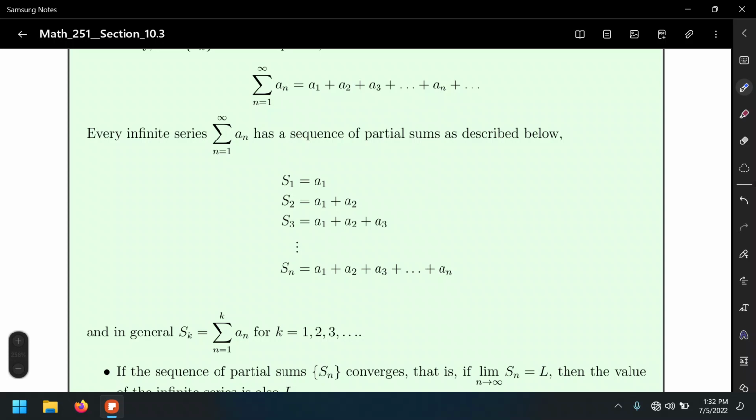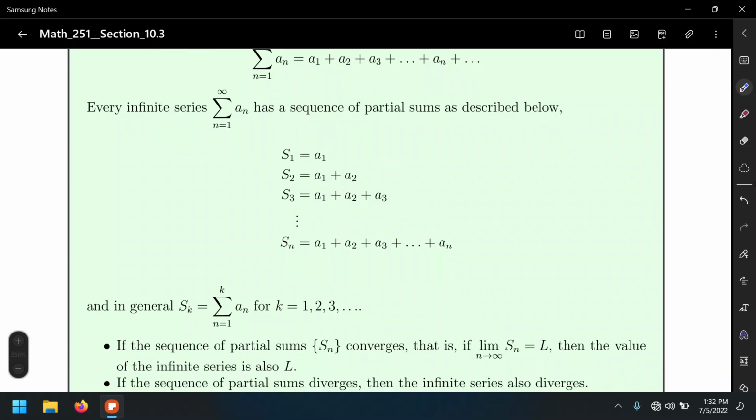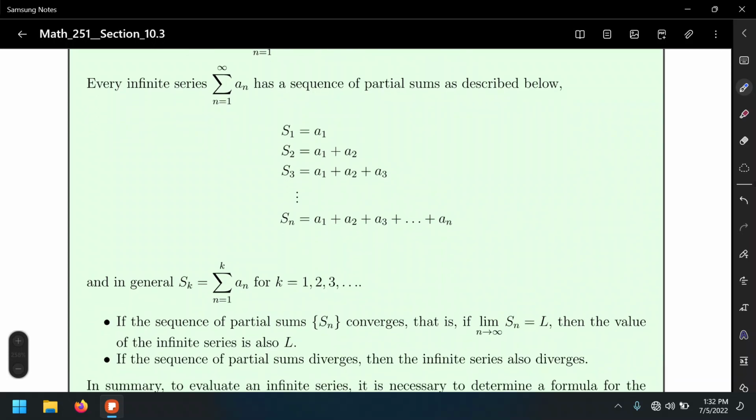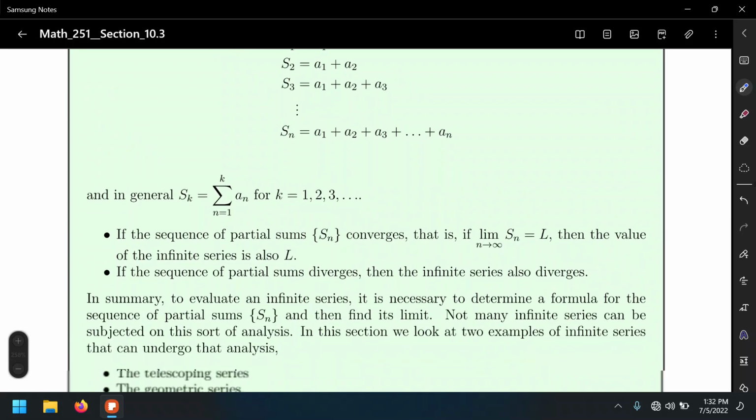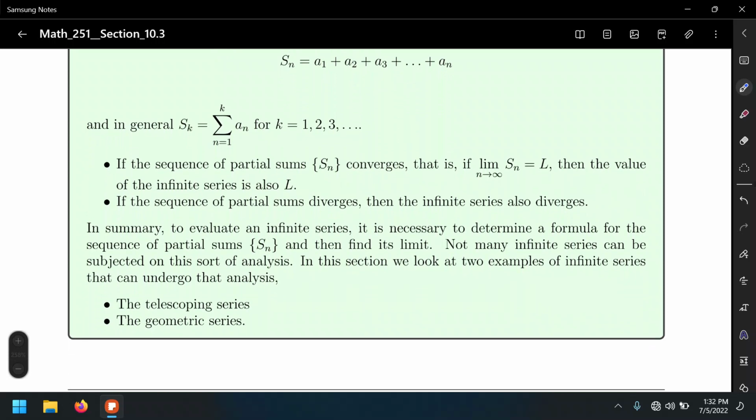However, that's not an easy task, and that's again the reason why from this section on, we will just limit ourselves to determining the convergence or divergence. When it comes to finding that sequence of partial sums, that's only possible for now for the telescoping series and the geometric series. We will talk about this in a minute, all right?